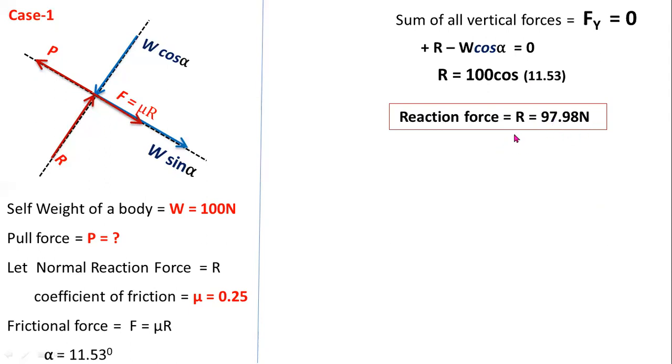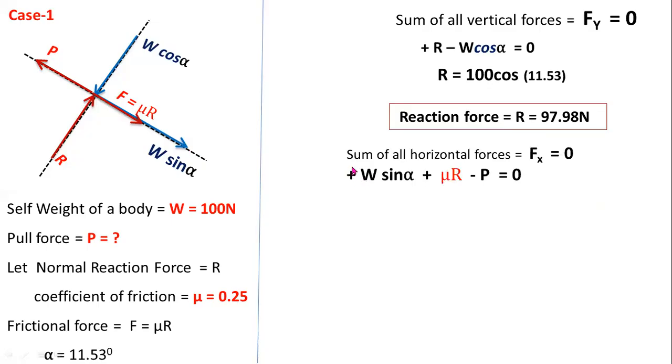Now, after getting the reaction force, you have to resolve all the forces along the inclined plane. So here there are 3 forces. For right side direction, you have to consider positive sign, and for left side direction, negative sign. We resolve all the forces along the inclined plane, that is Fx equal to 0: plus W sin alpha plus mu R minus P equal to 0.